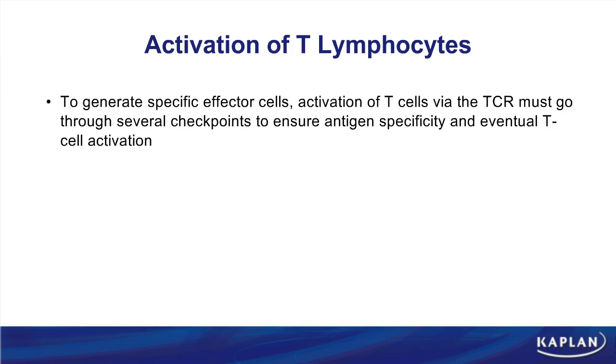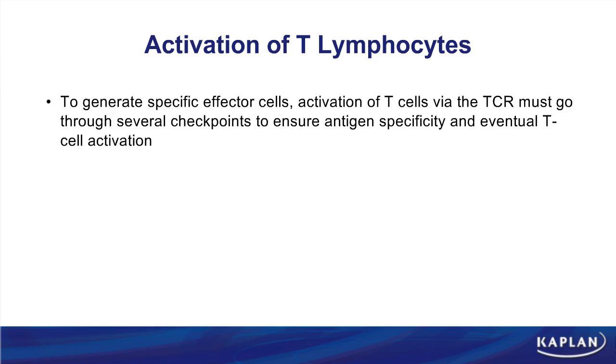So what other cells are in that area of the paracortex or the PALS? Well, our professional APCs are going to be hanging out there, our dendritic cells, our macrophages, and in the neighborhood right next door, we have those B cells. So there are many opportunities for our professional APCs to present peptide to our T cells that are traveling through the various secondary lymphoid tissues.